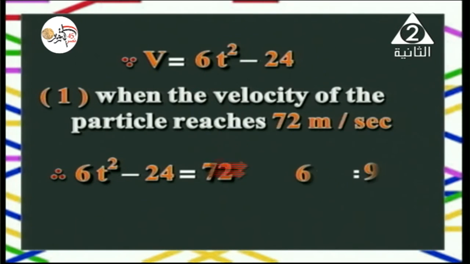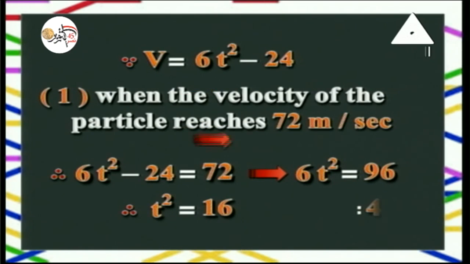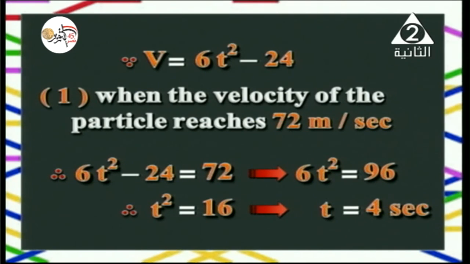Find the value of t. 6t squared equals 96. What is t squared? 16. What is the value of t? Positive or negative 4? We choose 4 only. Why? Because t cannot be negative 4; t is positive or equal to 0. In this case, t equals 4.